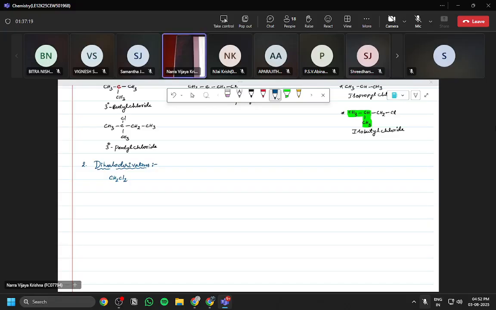Right? Dihalo derivative, CH2Cl2. Now what do we call it? Methylidene. If two chlorines, two halogens are on the same carbon, we can use the word idene. Idene or not? What is the name of this one? Okay, don't say IUPAC name.